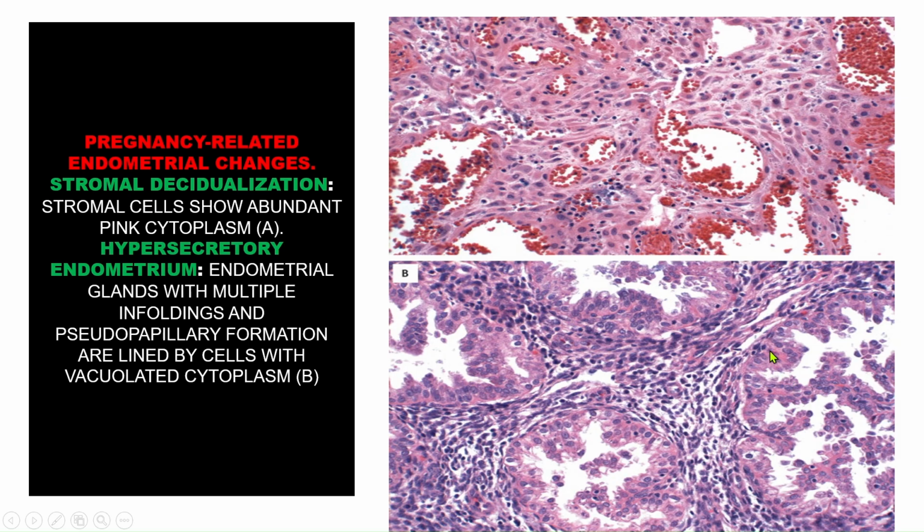Here we can appreciate glands having multiple infolding of the epithelium, showing pseudopapillary appearance and having secretory activity. We can appreciate vacuolated cytoplasm and there is decidualized stroma.